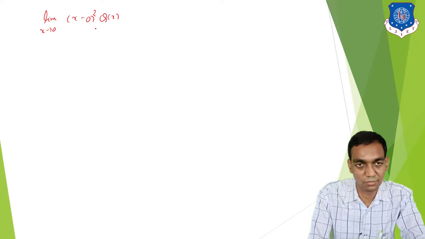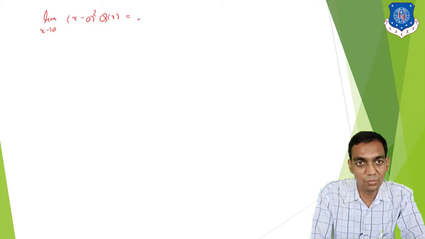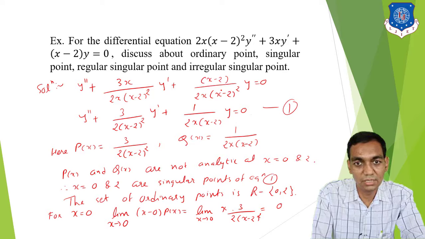In the same manner, you have to find out the limit x tends to 0 of (x minus 0) the whole square into q(x). That is nothing but the limit x tends to 0 of x square into, now what is your q(x)? It is 1 upon 2x into (x minus 2).